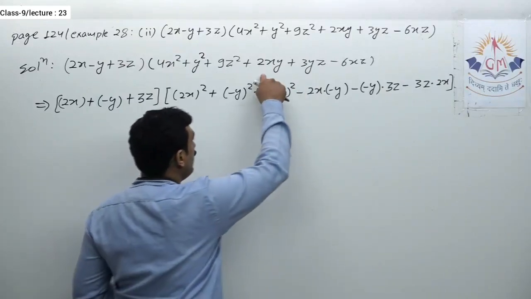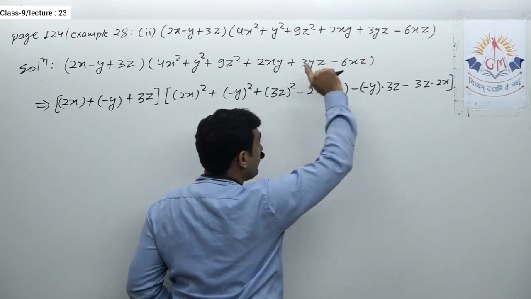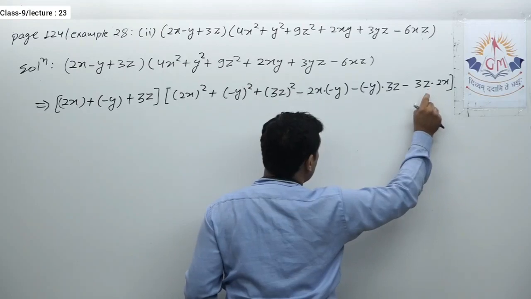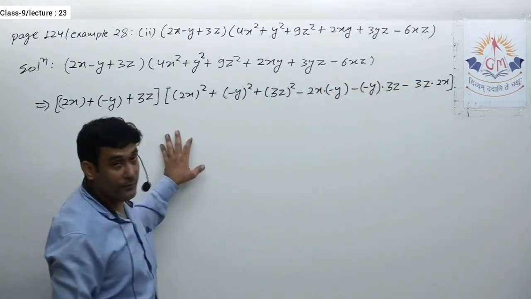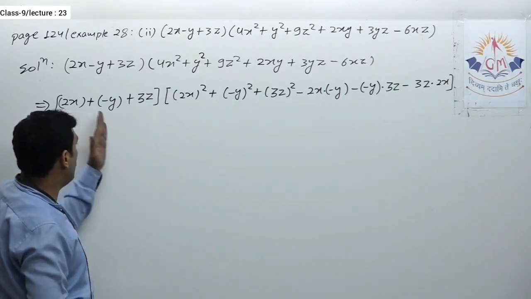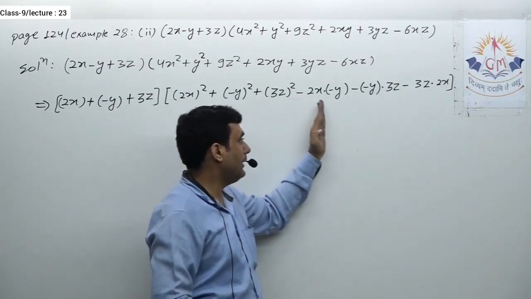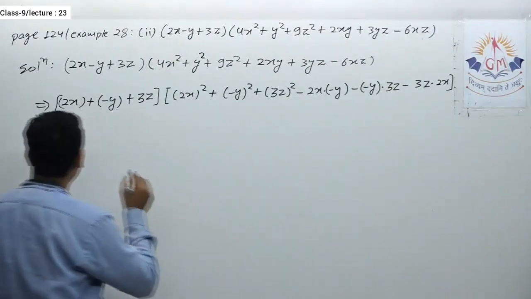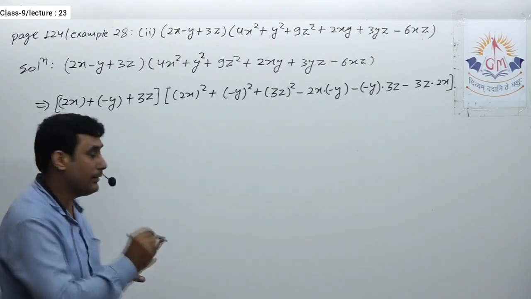Yes, it is positive 2xy. Then when I multiply this, I should get positive 3yz. Yes. Now when I multiply these two, I should get negative 6xz. Yes. So this exactly fits the identity of (a plus b plus c)(a square plus b square plus c square minus ab minus bc minus ca), so that should be equal to a cube plus b cube plus c cube minus 3abc.